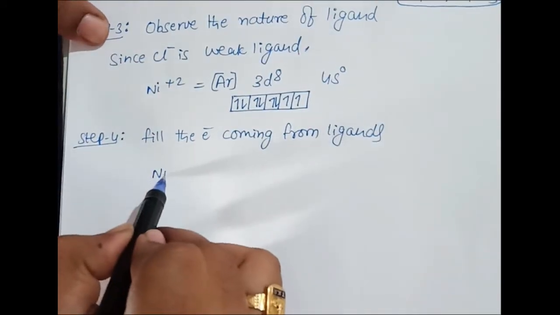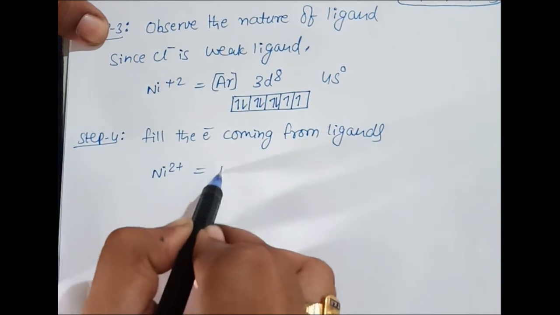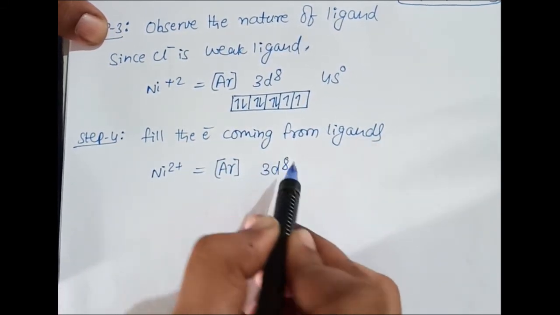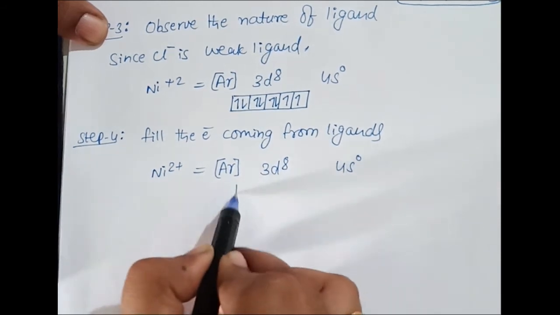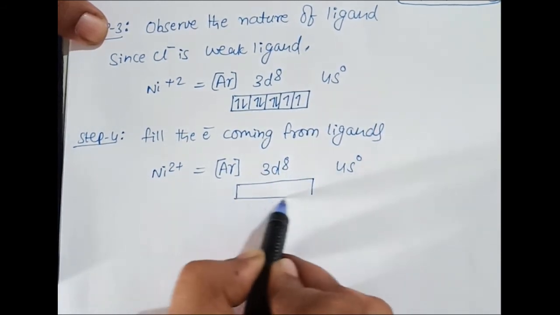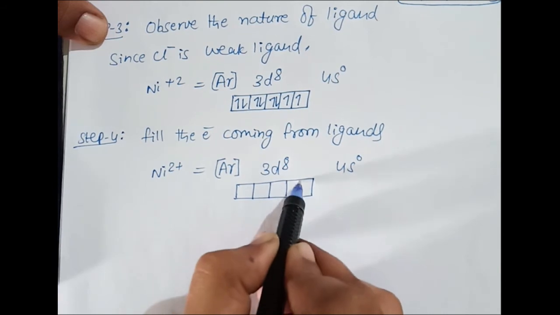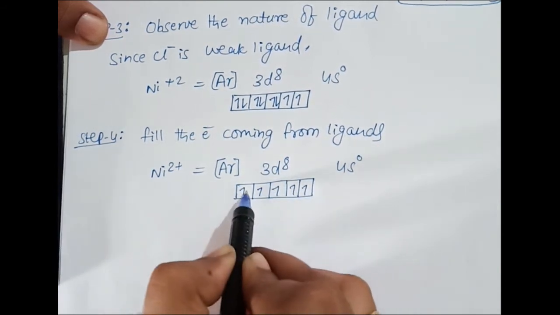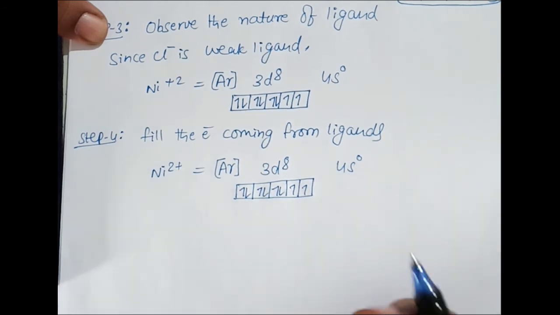So here Ni2+ is argon 3d8 4s0. So here the ligand electrons. First of all, blue pen. Blue pen means the nickel electrons. 1, 2, 3, 4, 5, 6, 7, 8.